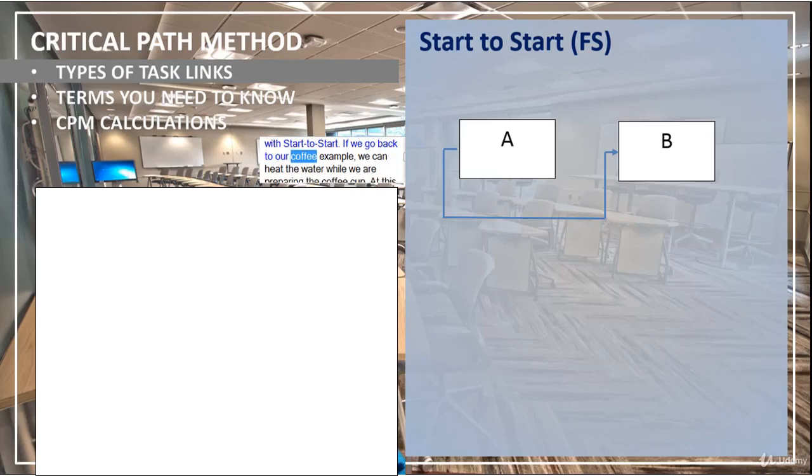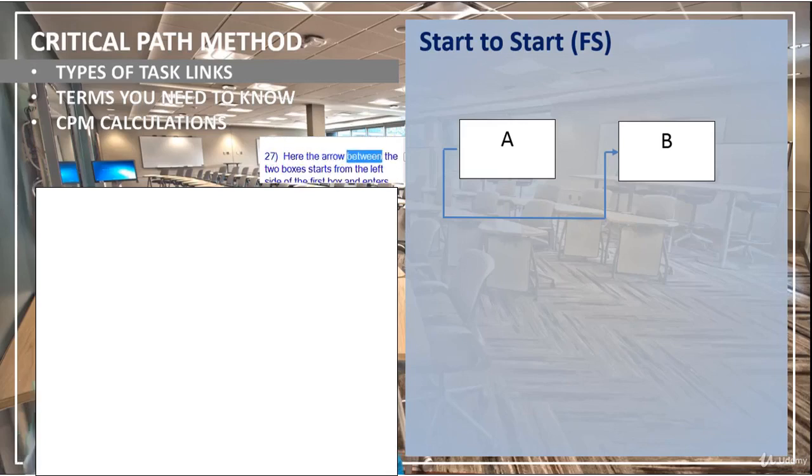If we go back to our coffee example, we can heat the water while we are preparing the coffee cup. At this point, preparing the cup task and heating the water task are linked with start to start type of link. This link type is generally represented as follows.